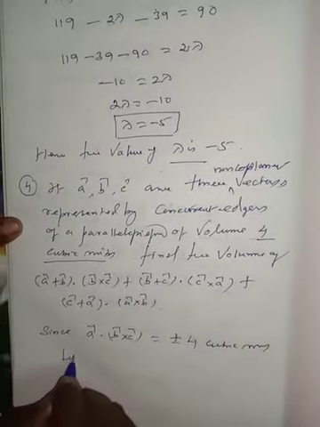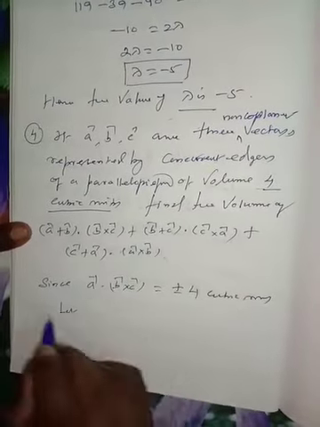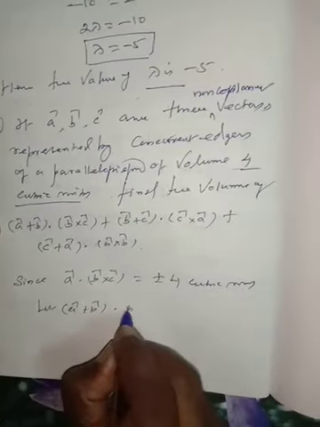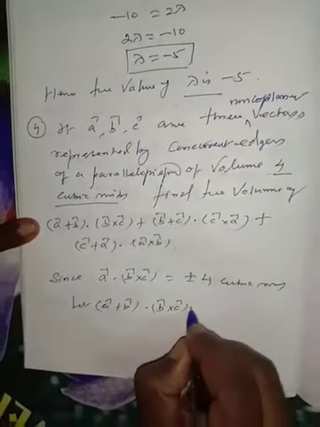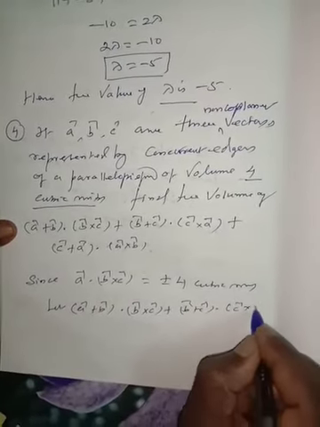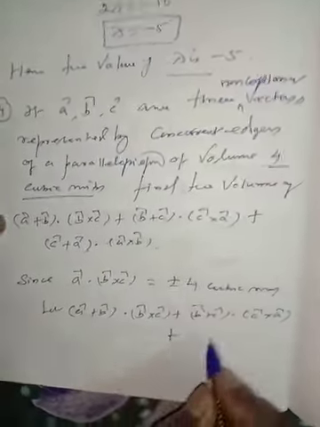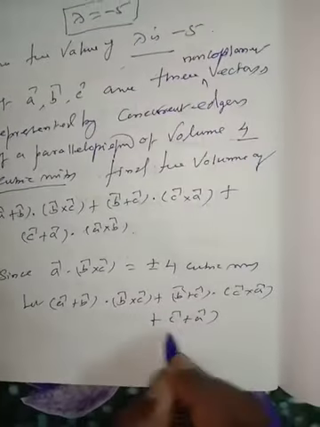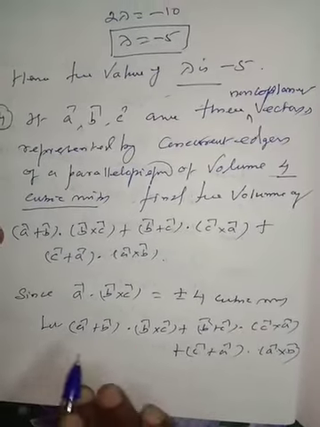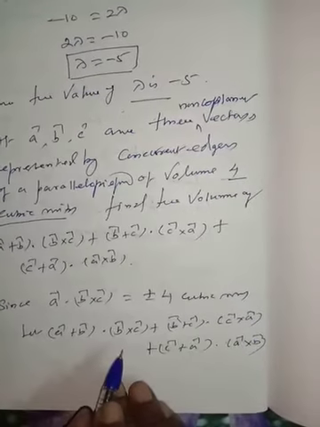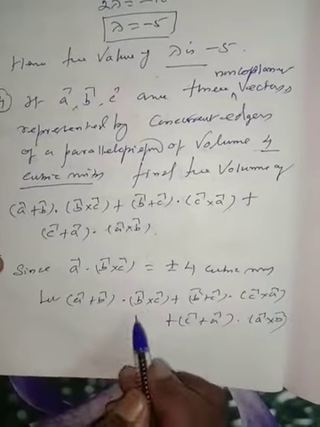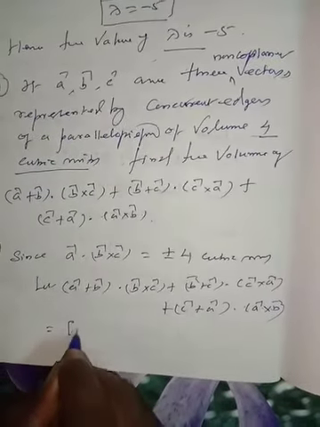Let us take (a + b) dot (b cross c), plus (b + c) dot (c cross a), plus (c + a) dot (a cross b). First multiply a dot (b cross c), which is the box product of a, b, c.